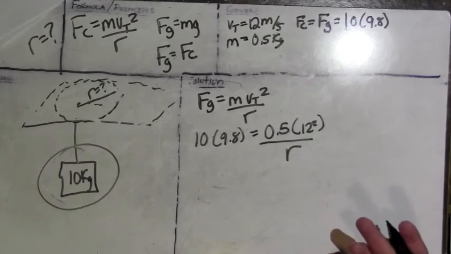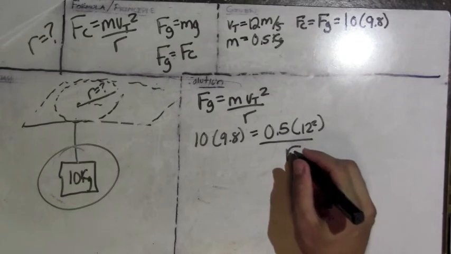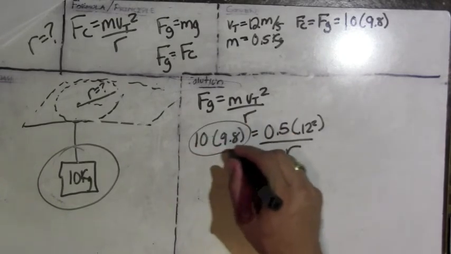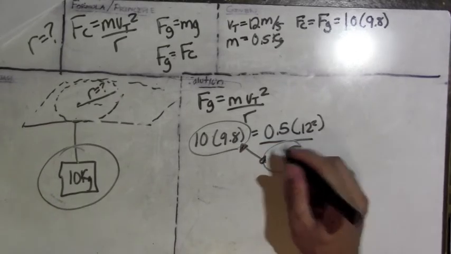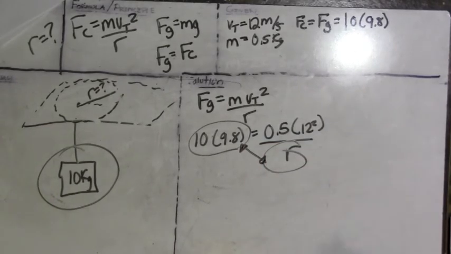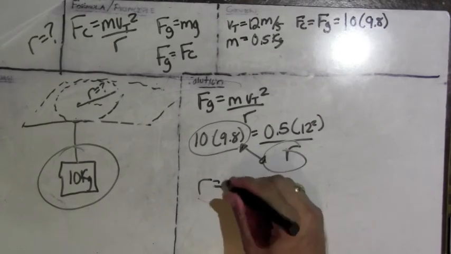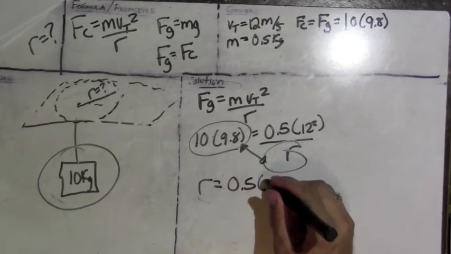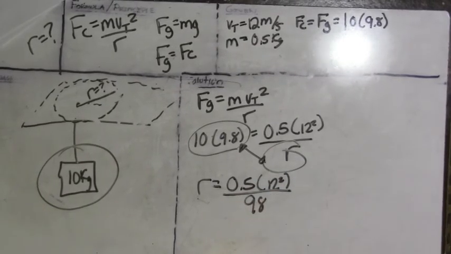So when you do this, you're going to try and isolate this r term, and how you're going to do that is you're going to take this term and this term, and you're going to end up switching them. You're going to multiply both sides by r, divide both sides by 10 times 9.8, and what you end up with is the radius is equal to 0.5 times 12 squared divided by 98.